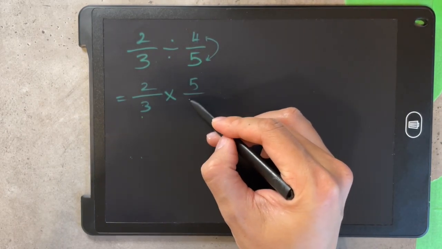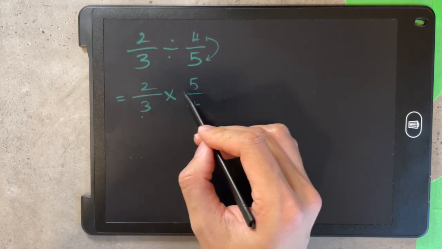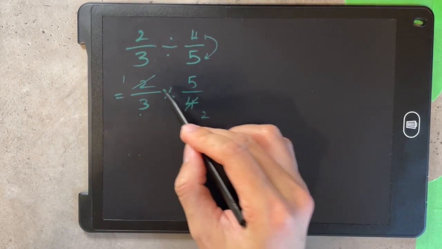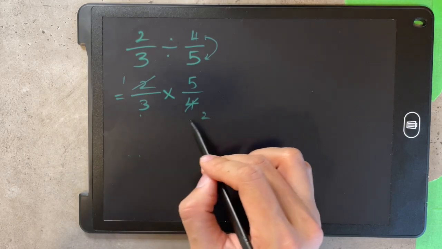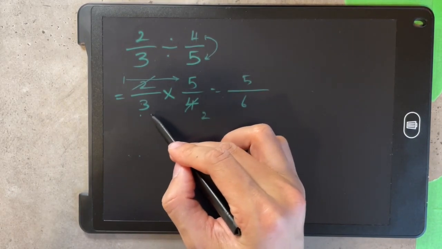So the 5 now goes on top, the 4 goes in the bottom, and then you do the same process. You can simplify, and then when you cannot simplify further, you multiply them out. So I get 5 over 6.